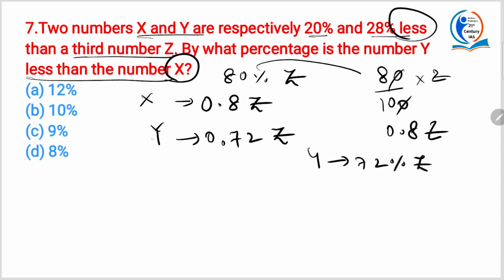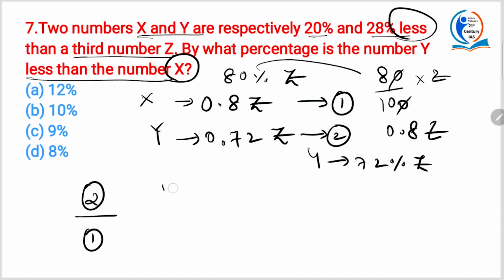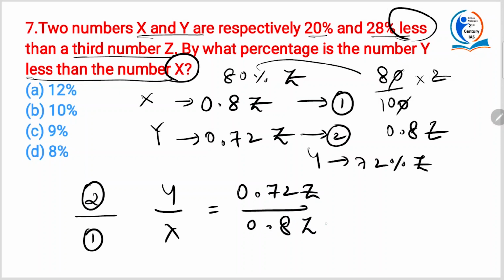Now, this y value is being compared to x value. So, x should be in the denominator. So, divide, if you are writing 2 by 1, then it will become y by x is equal to 0.72 z by 0.8 z. So this is 9 z, this is 10 z. So y by x is 9 by 10.